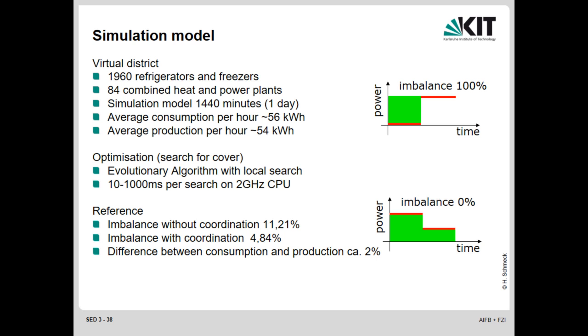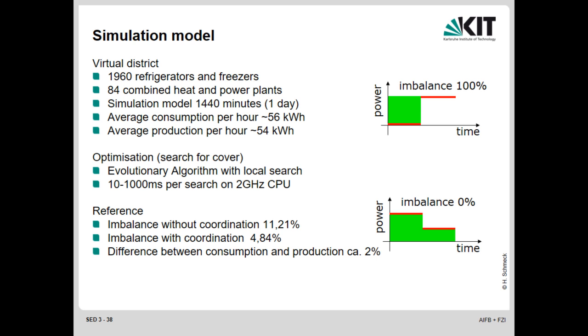And the reference is that if we have no coordination of the way these devices run, we have an imbalance of 11.2%. And if we now have coordination, if we can try to even out those imbalances, we can reduce the imbalance to 4.8%.